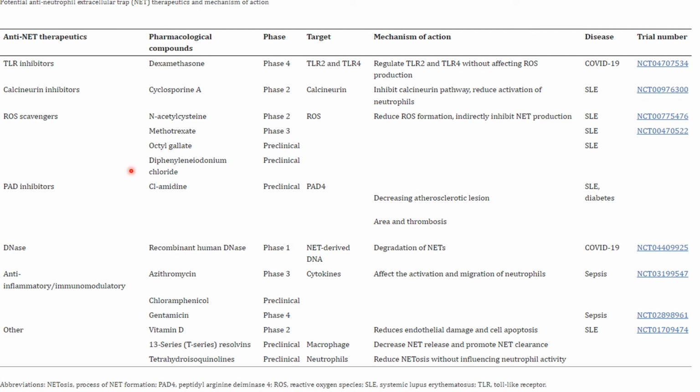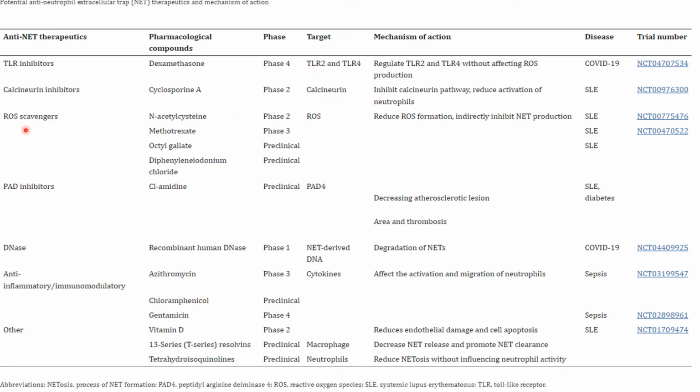Again, this table is showing the different therapeutic trials to manage NETosis and in what stage of drug development they are. We have toll-like receptor inhibitors like dexamethasone in phase 4. Their target is toll-like receptor 2 and 4. And we have calcineurin inhibitors like cyclosporin A, which is in phase 2, that will act on calcineurin.